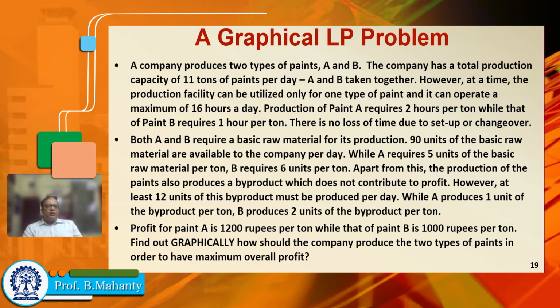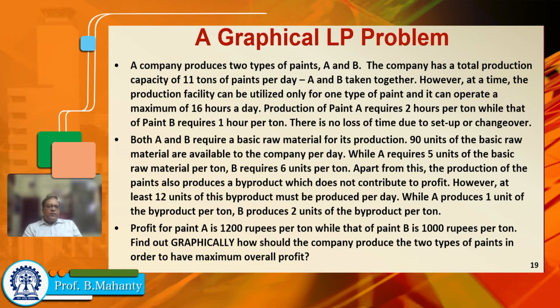That means 2x1 plus x2 should be less than or equal to 16. We are ignoring the setup time or changeover time. So basically this first statement gives us two different constraints: x1 plus x2 less than or equal to 11 and 2x1 plus x2 less than or equal to 16.